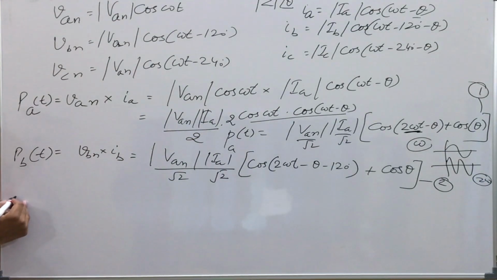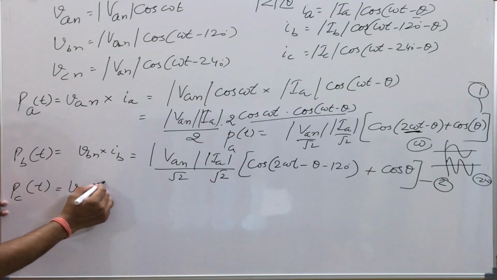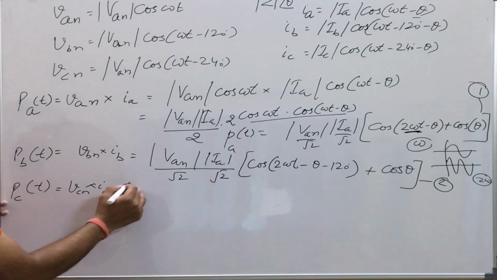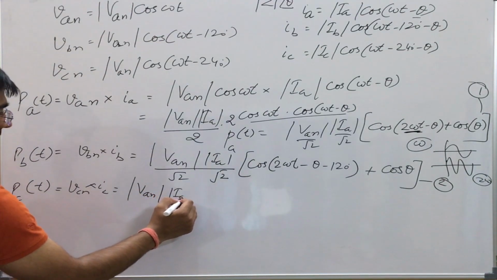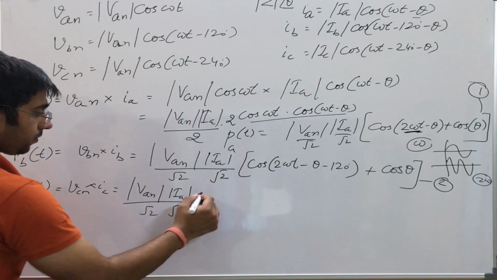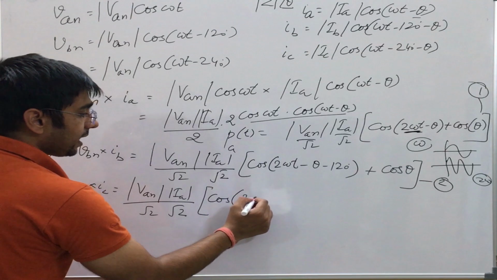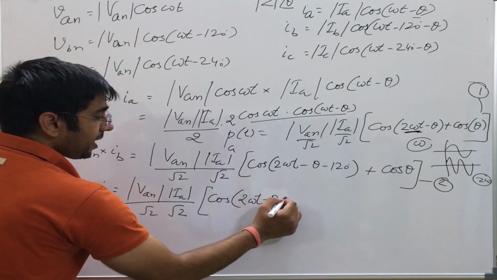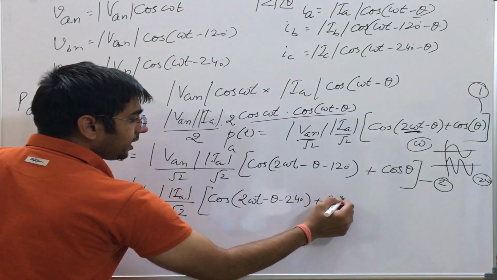Similarly, on multiplying, we will find the power in phase C will be VCN into IC. It will come out to be VAN IA by root 2 into root 2, cos(2 omega t minus theta minus 240 degrees) plus cos theta.